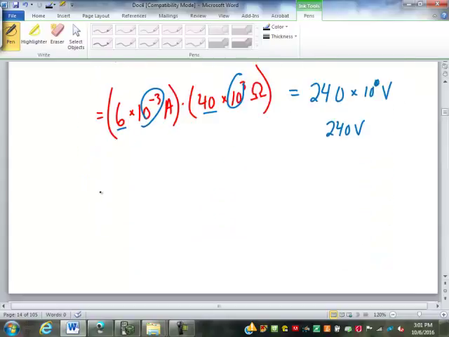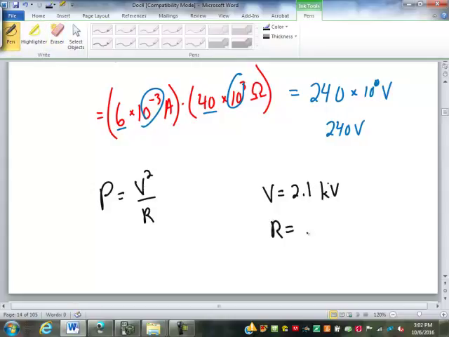We might have power, which is one of the things we use for power is voltage squared divided by resistance. So let's say we have a large voltage of 2.1 kilovolts.